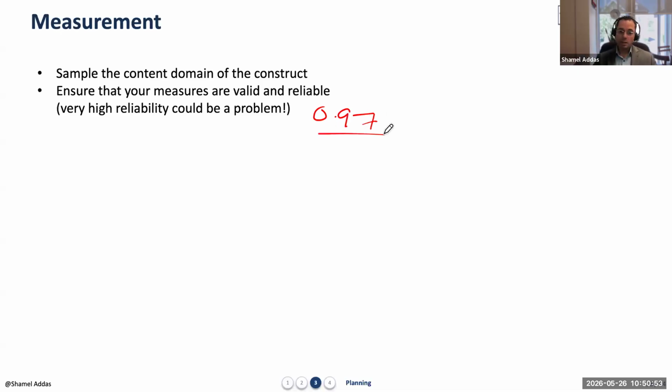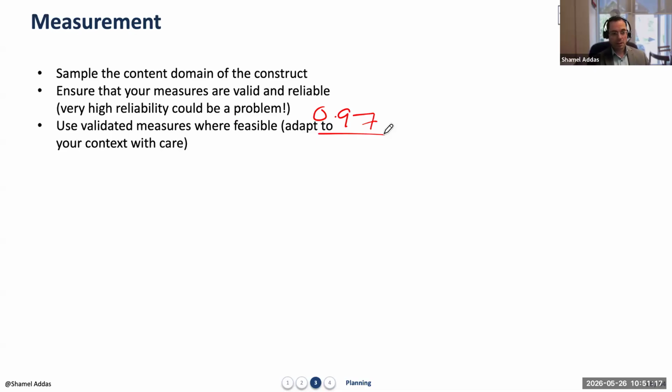But to me, that's a signal that there might be a problem in these measures. The measures might not really be capturing different shades of the meaning of the construct. It's basically asking the same question 5 times, and that's why the reliability is so high. So it defies some of the reasons in psychometric design of measurements for why we want multiple items per construct.